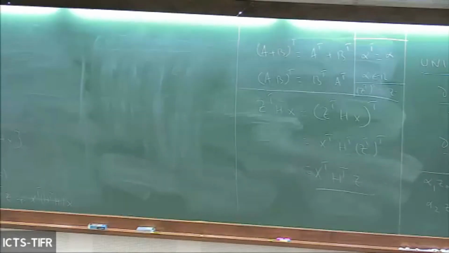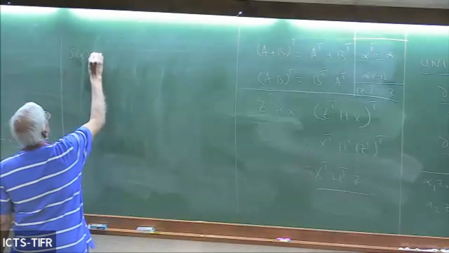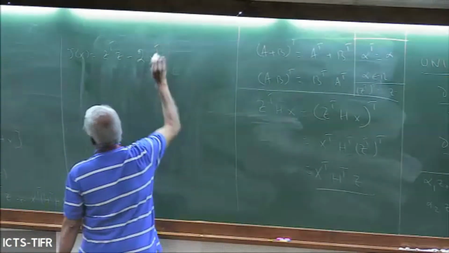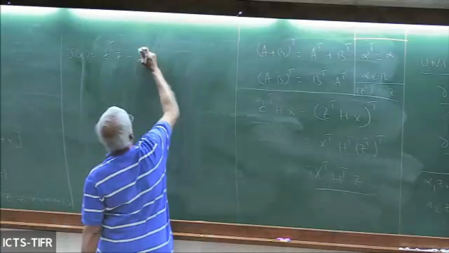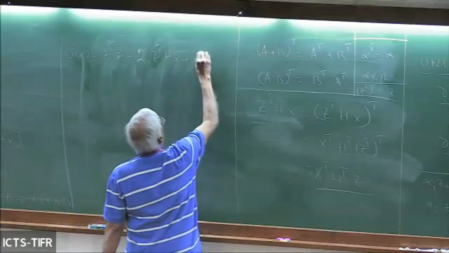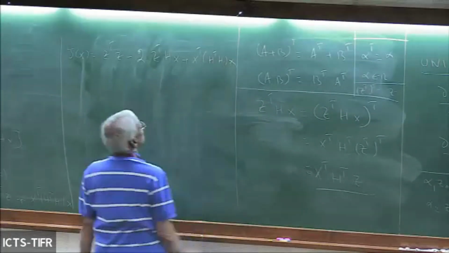Everybody? Therefore, without loss of generality, I can assume this is equal to Z transpose Z minus 2 times Z transpose HFX plus X transpose H transpose HFX.